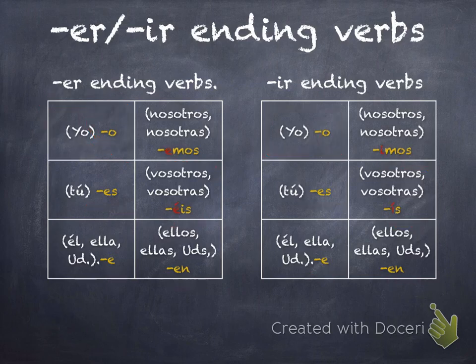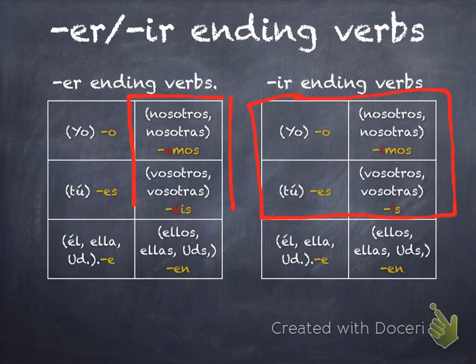So that's why the ER, IR ending verbs are kind of easy and why we lump them together most of the time, because they have the same exact endings except for these 2 forms, the nosotros and the vosotros are the only 2 forms that are different.